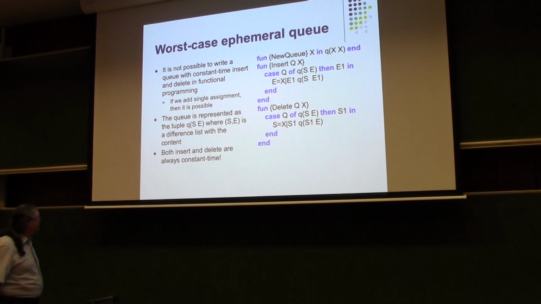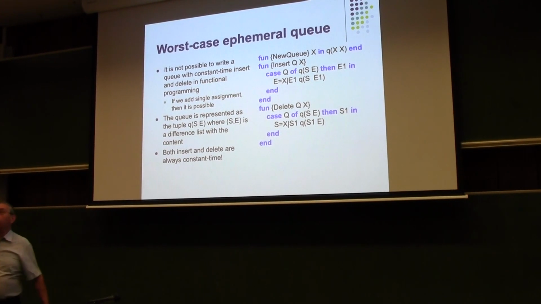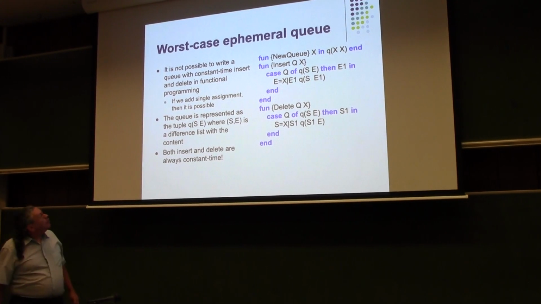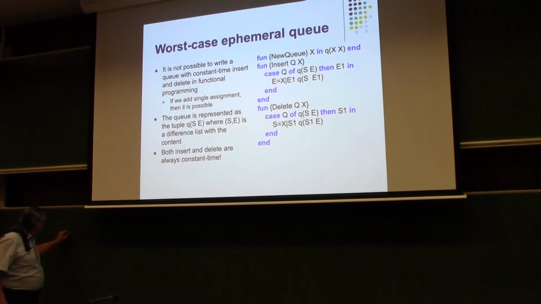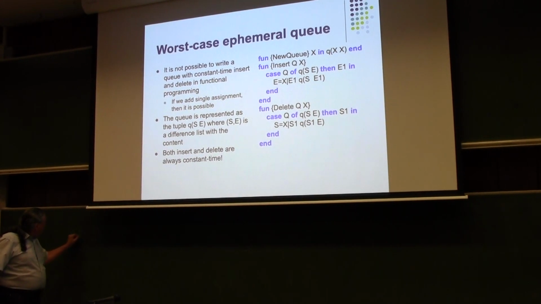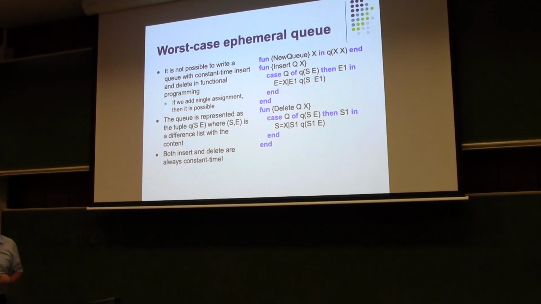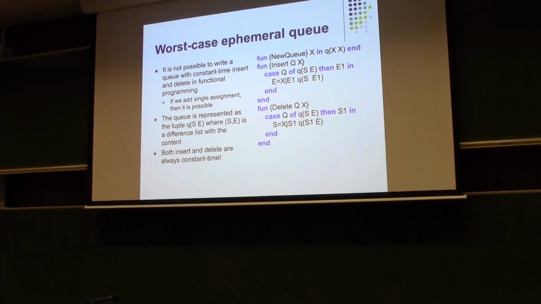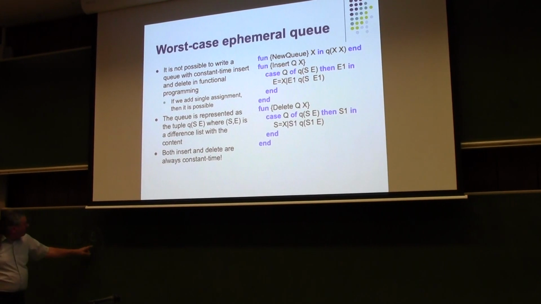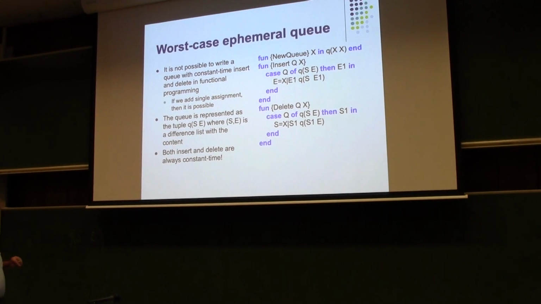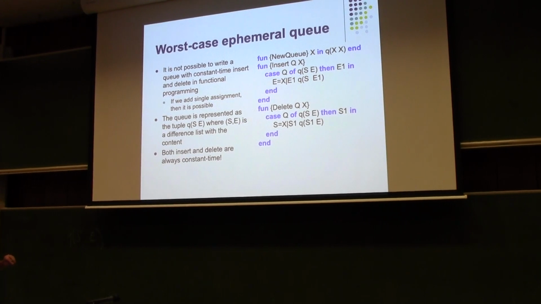In fact, we're going to use the difference list technique that we saw before to implement the queue. We're going to represent the queue again as two arguments, just like before, but now instead of front and back, this is going to be a difference list containing the content.